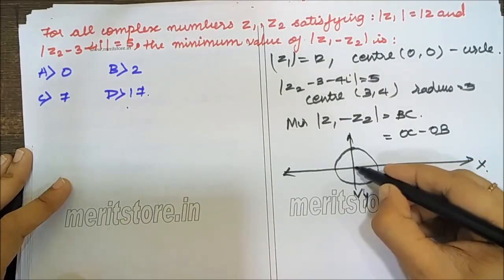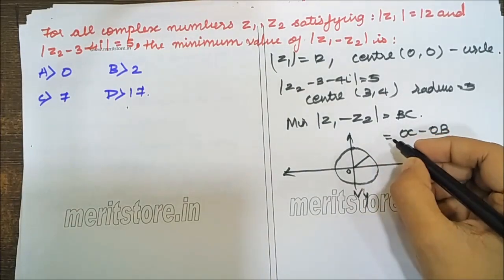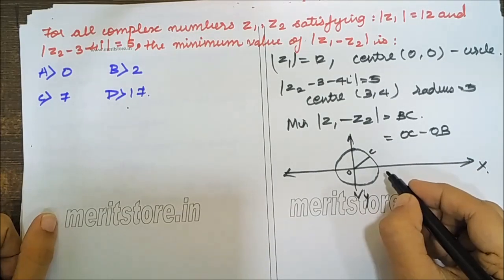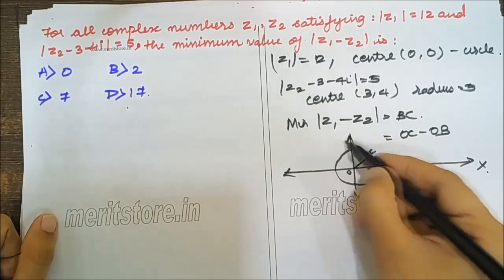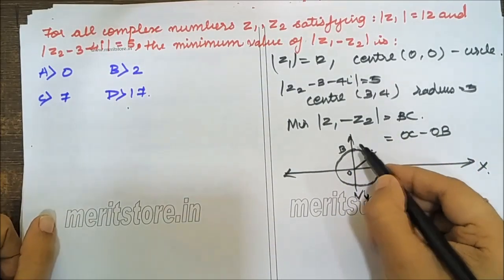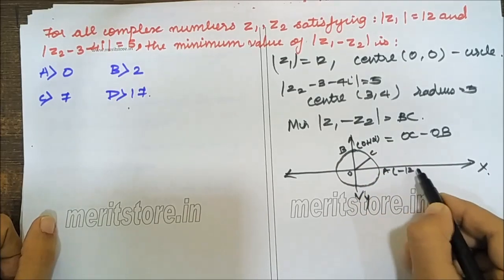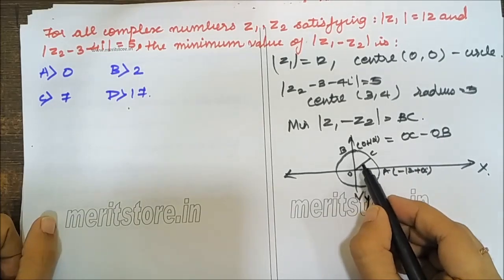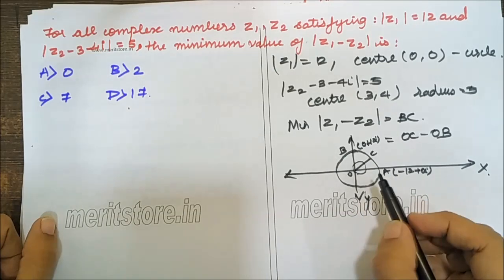This is your OC. This is your A and this will be your B. So your B is 0 plus 12i and this is minus 12 plus 0i. Here you plot a circle.